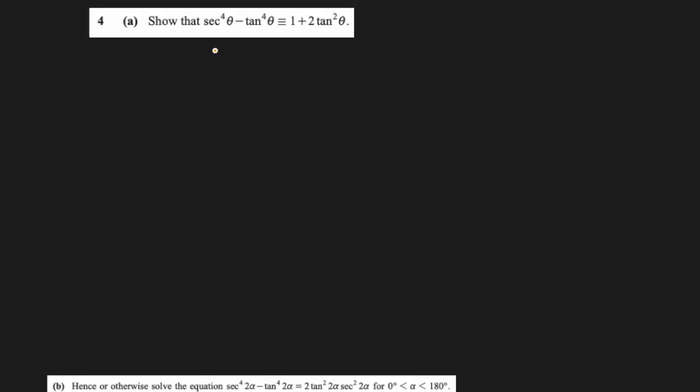Question number 4, we have to prove this identity first. There are many ways of doing this, so let me do the easiest one I can see. I know that secant squared theta is equal to 1 plus tan squared theta, and this is what I'm going to use here.